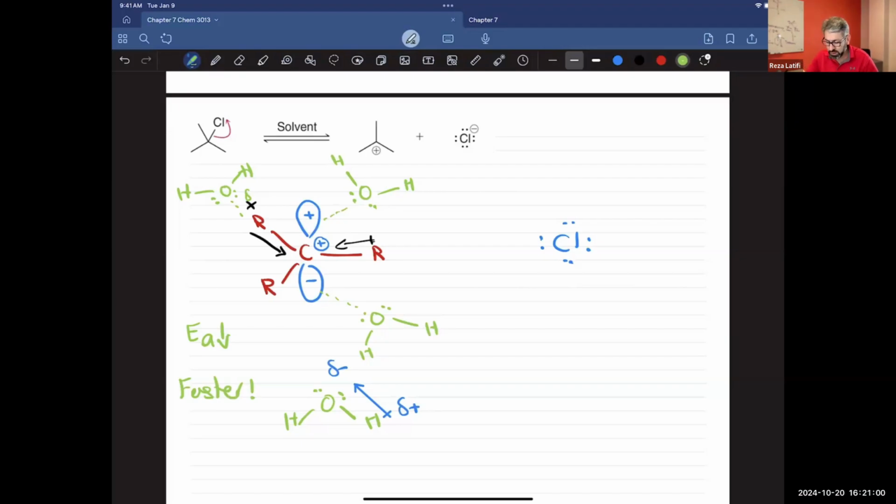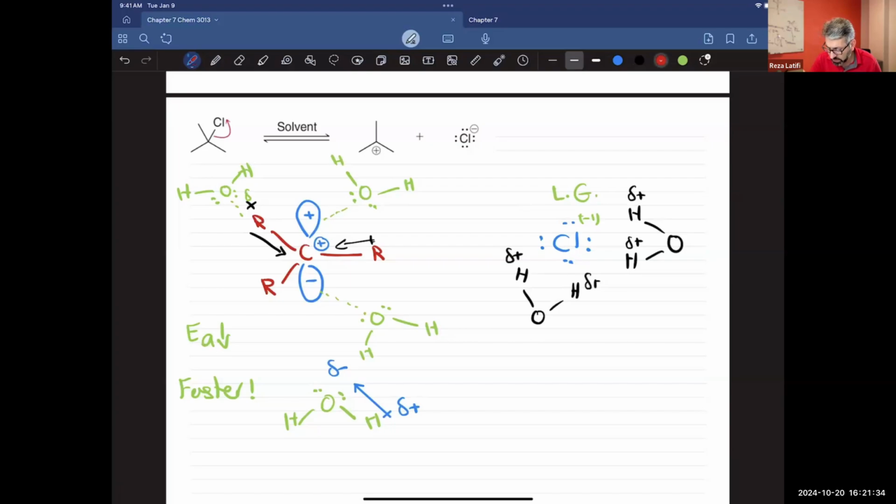Now let's talk about the leaving group. This is the leaving group. It has a negative charge, so it's -1 technically right now. Because it has a negative charge, it has extra charge, and we need to stabilize it. In this case, the water molecule will put the hydrogen facing or pointing to the chlorine. Each hydrogen has a partial positive charge.